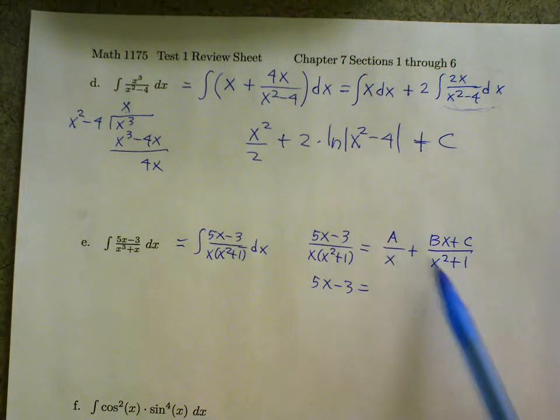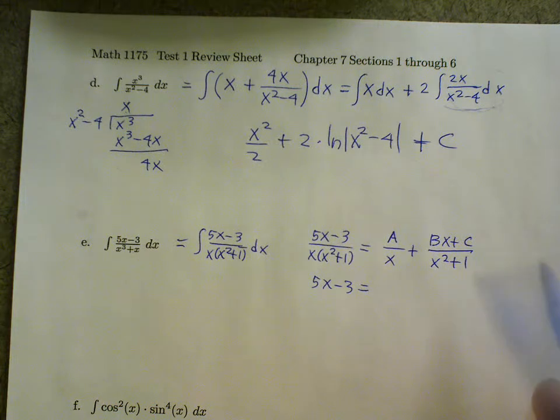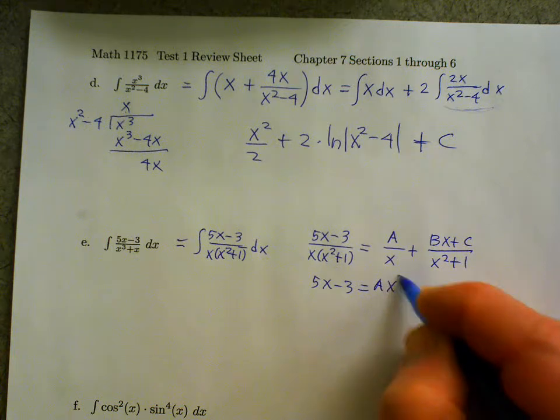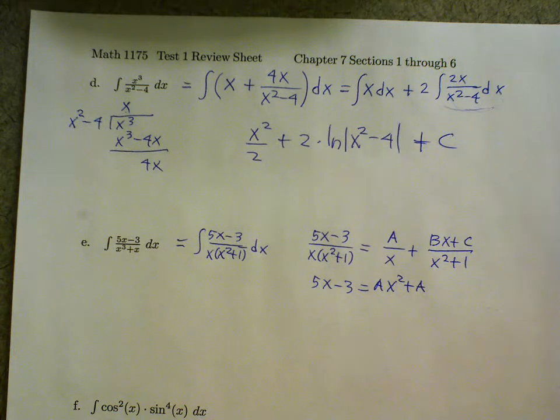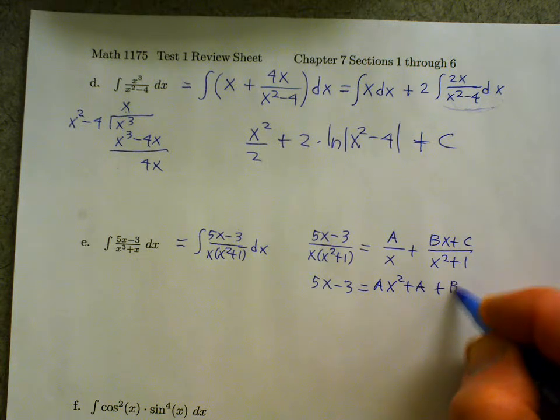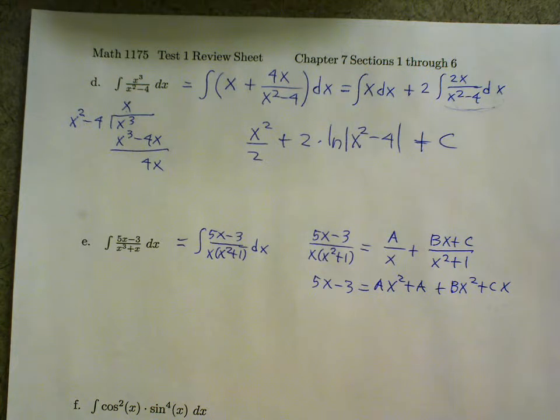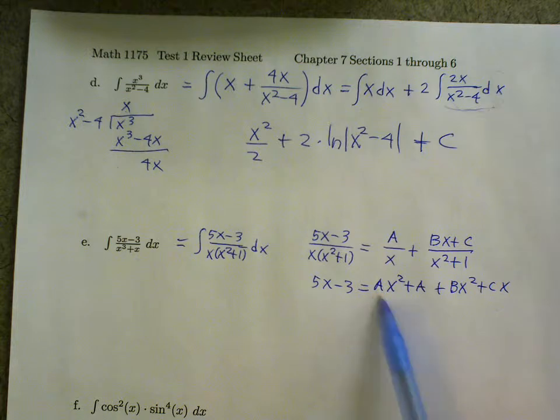equals a times the quantity x squared plus 1. I'll just write it out as ax squared plus a, and then plus bx plus c times x, which is plus bx squared plus cx. Ax squared plus bx squared.